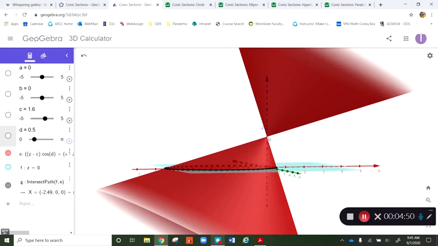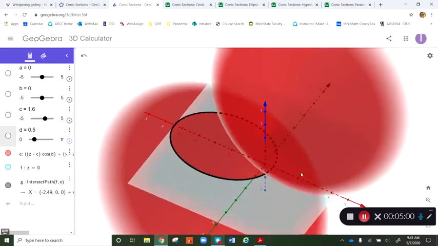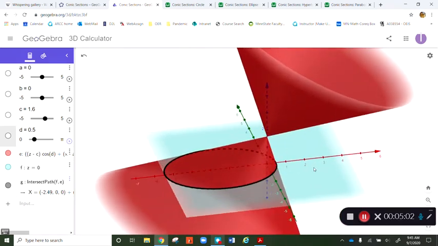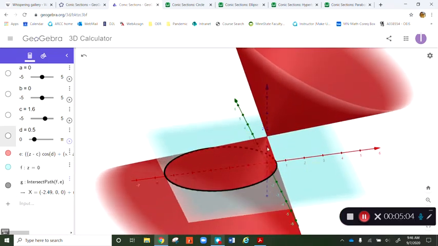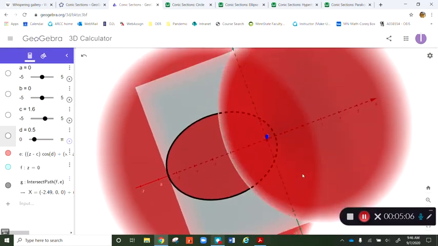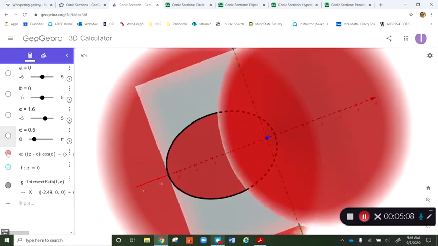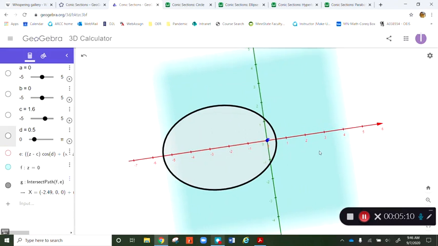I like to think of this as a flashlight radiating away. So if there's a flashlight right here, and the beam of that flashlight is sending light rays out in this cone shape, then the ellipse that you see right here now, that intersection curve, let me hide the cone entirely so you can just see the curve. That intersection curve is where the flashlight's beam is landing on the ground, and it makes an ellipse.